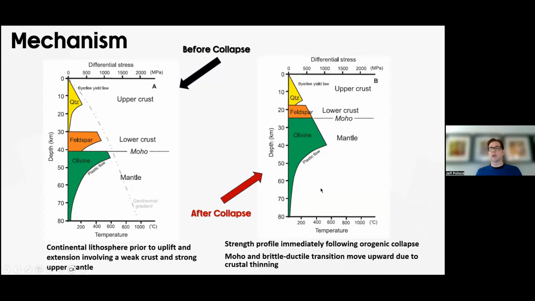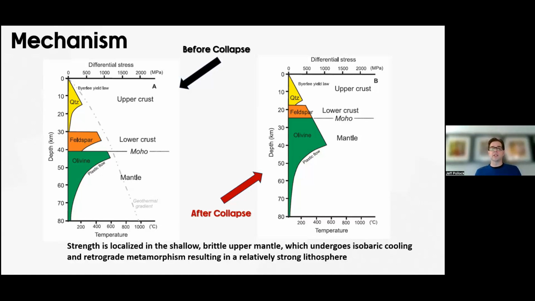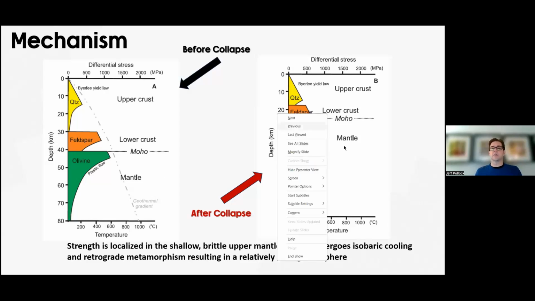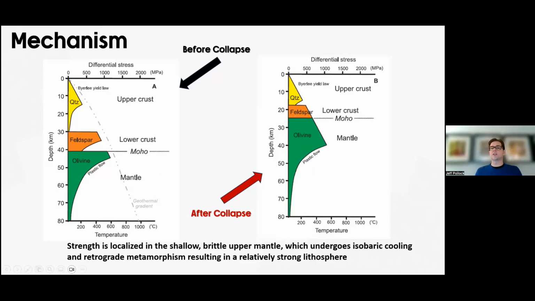And then after collapse, when we uplift the Moho, we bring that strong mantle above the brittle-ductile transition as we thin the crust. But what we do is then we strengthen that upper mantle. It undergoes retrograde metamorphism and isobaric cooling. The strongest part of the lithosphere is the mantle. So we essentially freeze that mantle fabric in place as we uplift the mantle.